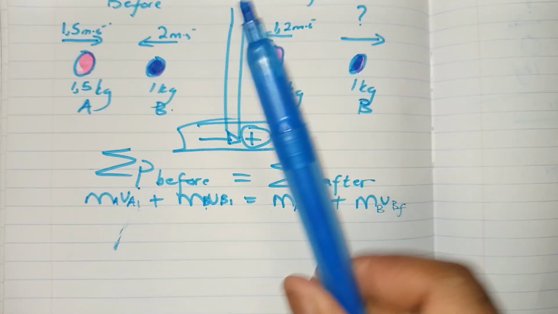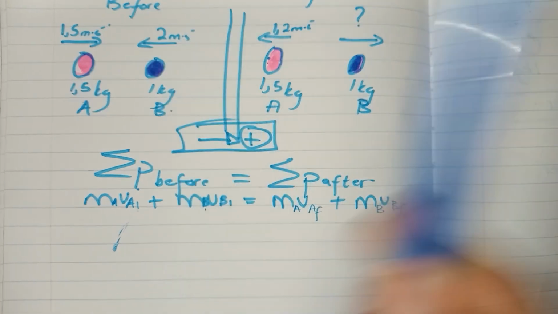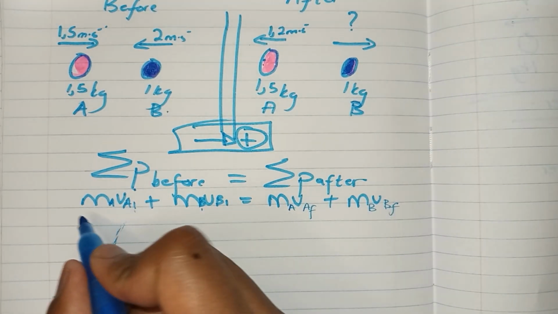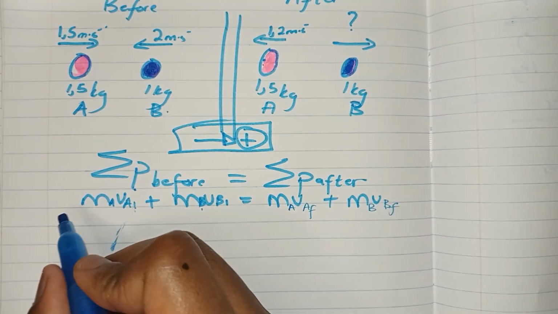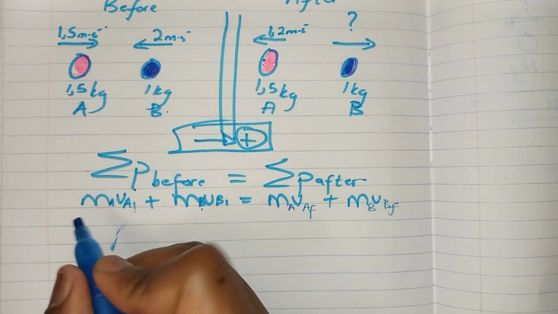When I fill in the values, I want you to understand very well how I got them. The mass of A is 1.5 kg, but where is it going? To the right.